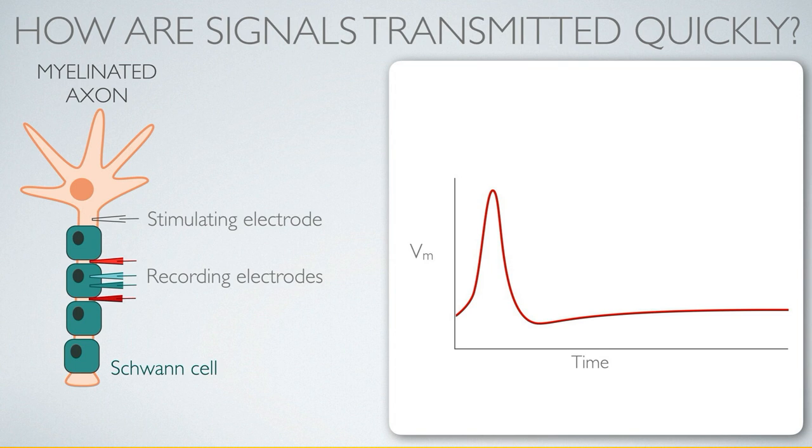What happens within the Schwann cell? Well, we do get a depolarization, but note something here. It's not as strong as the action potential. That means it is not an action potential. Action potentials look the same way all the time. They're all or none. This is not all.